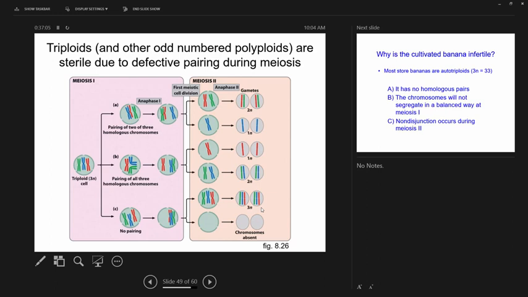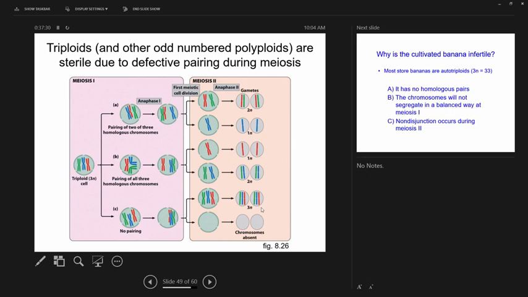It's pretty low, because all these other methods of pairing and segregating the chromosomes can occur. So what you end up with is gametes that are 3N for some chromosomes, 2N for other chromosomes, and N for some other chromosomes. So it's a complete mix.